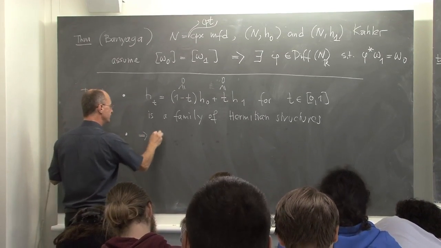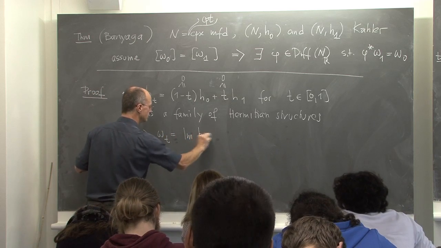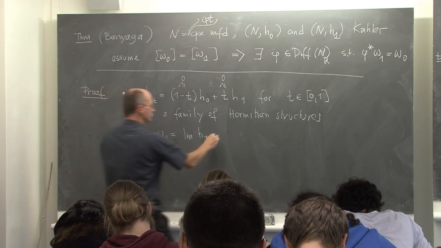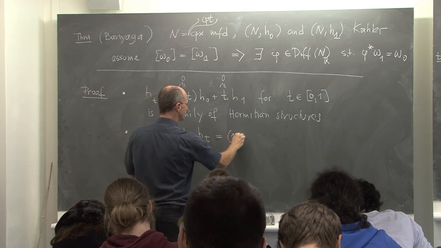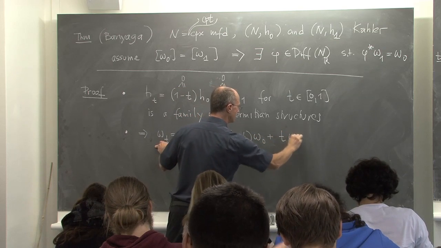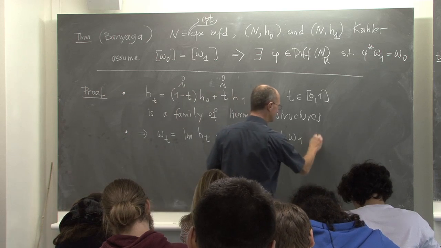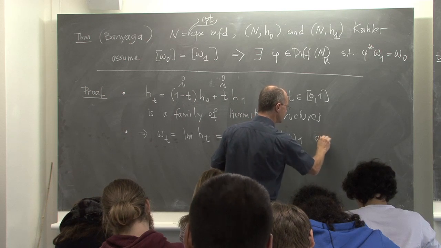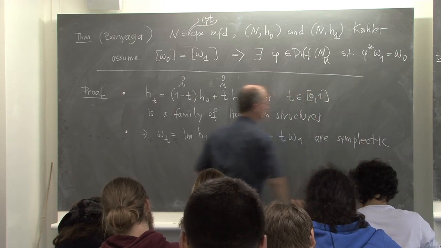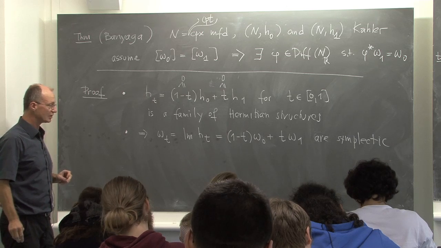This means that if we define omega t, which is the imaginary part of ht, given by the same formula, these are symplectic structures for all t.